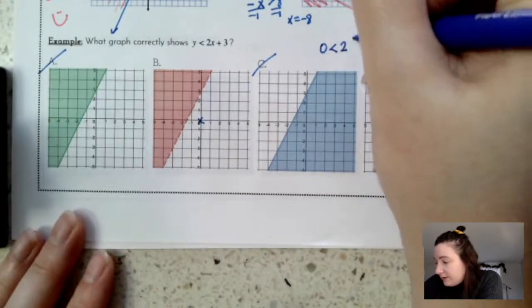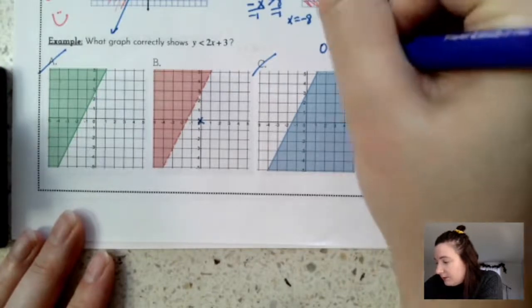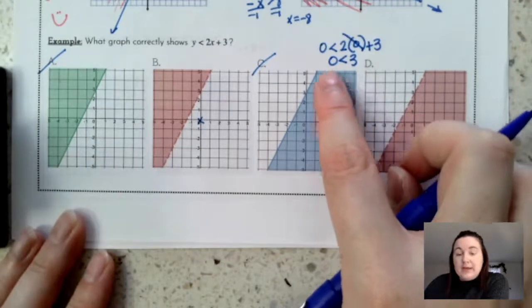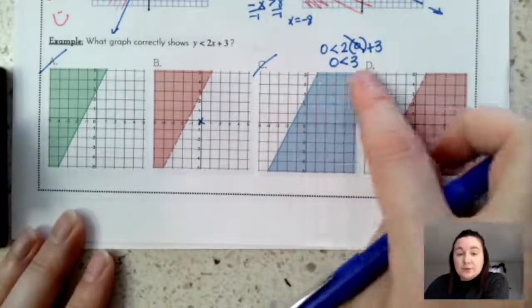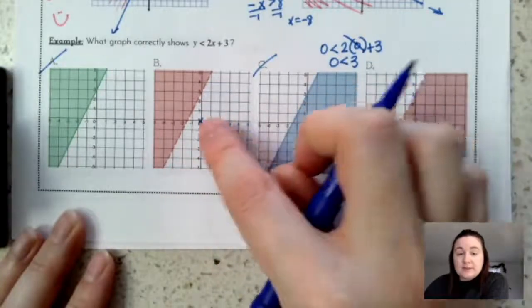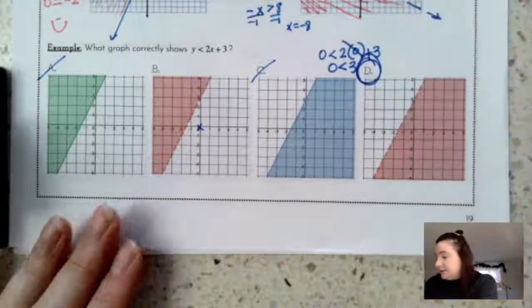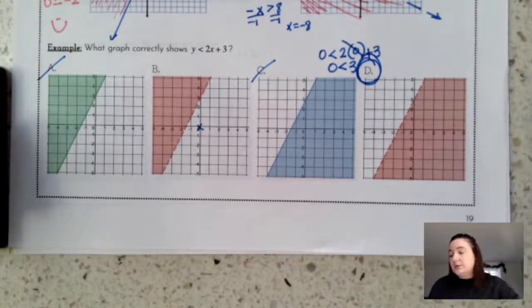So is 0 less than 2 times 0 plus 3? This says 0 is less than 3. And we ask ourselves, is that true? That is true, so we need to shade toward this 0, 0 point. So B is not our answer. Our answer is D. And so when you're doing the multiple choice, that is what you want to complete.